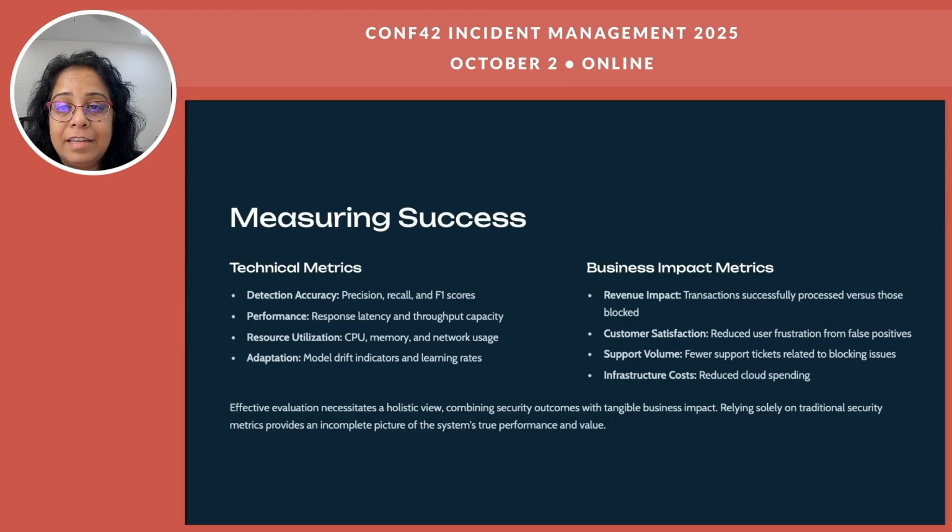Because of this, later on they deployed AI driven rate limiting with progressive throttling and user segmentation. The system analyzed 50 plus behavioral indicators to distinguish between legitimate shoppers and attackers.